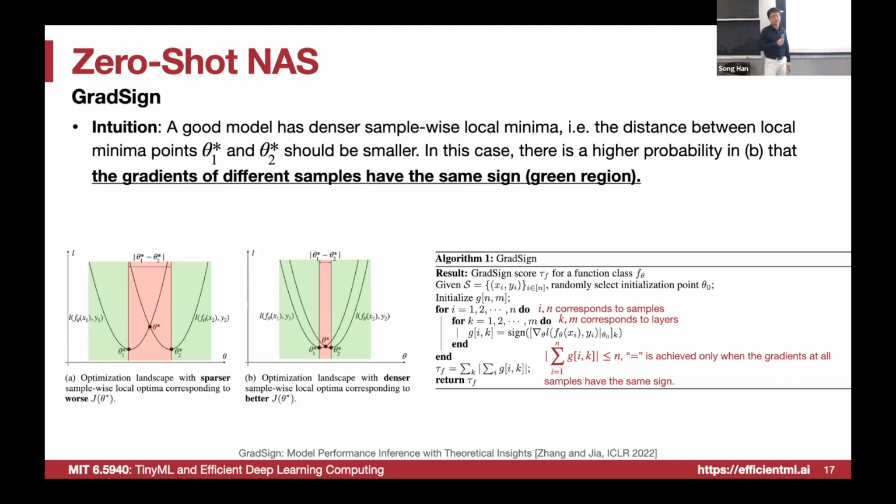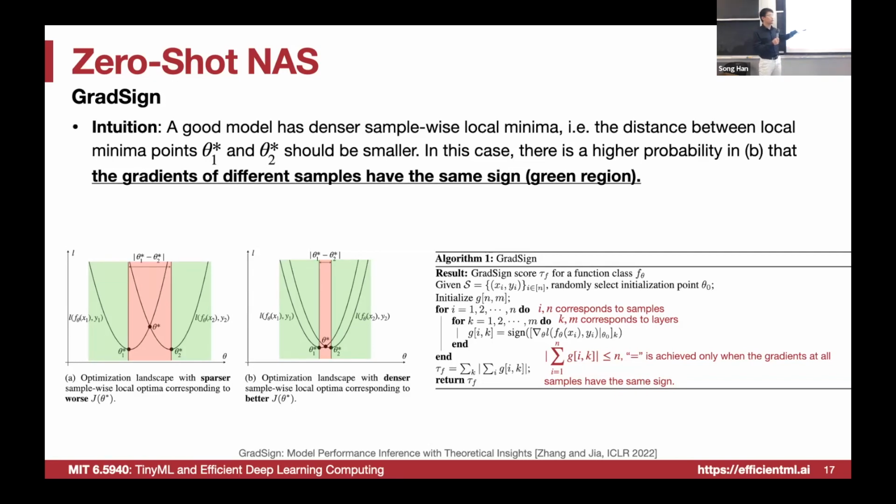All right. So another intuition is that if a model is pretty good, the distance between two different local minima should be closer. There's a higher probability that the gradients of different samples have the same sign.